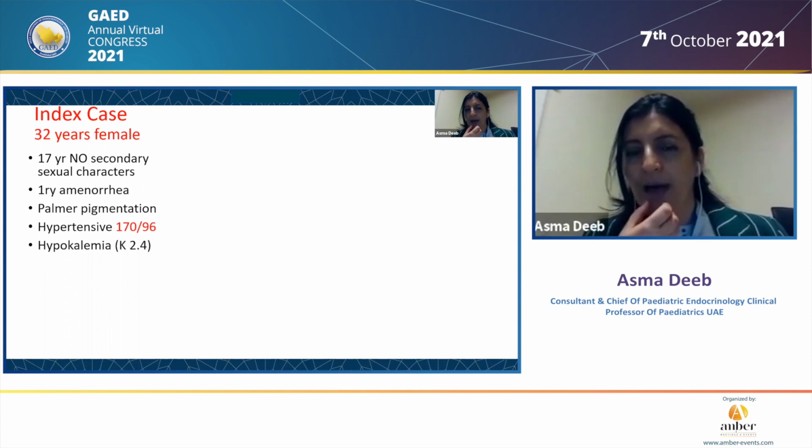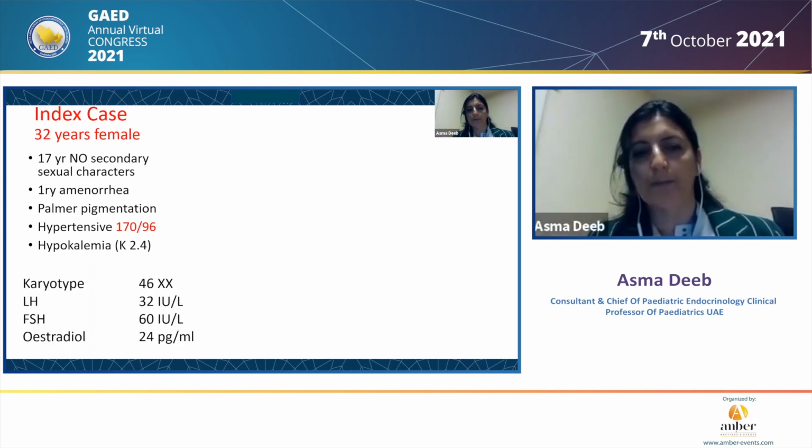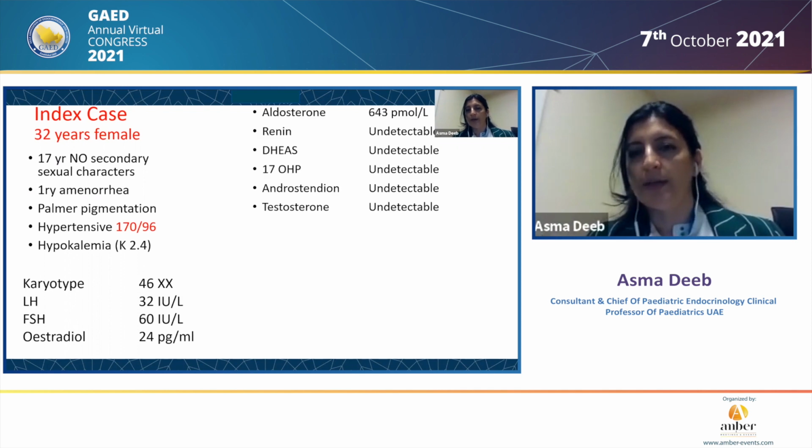She was noted to be hypertensive, hypokalemic, with pigmentation in her palms. She had a karyotype of 46XX and a clear picture of hypergonadotrophic hypogonadism.